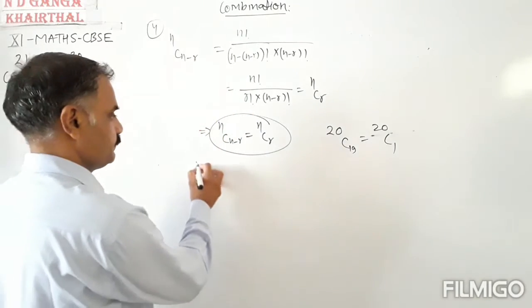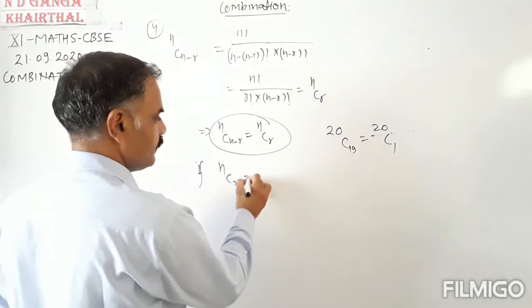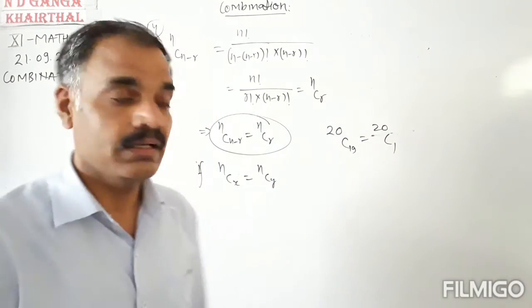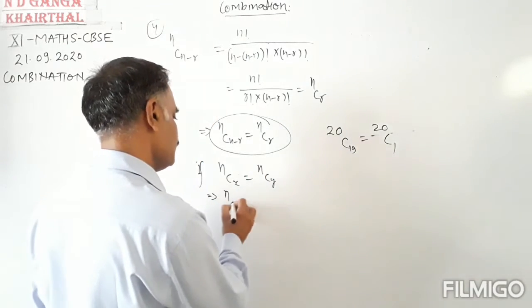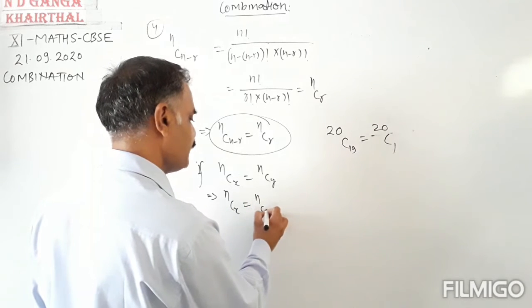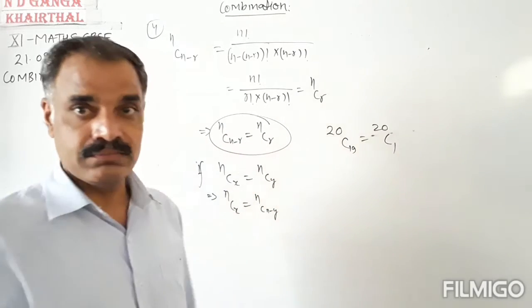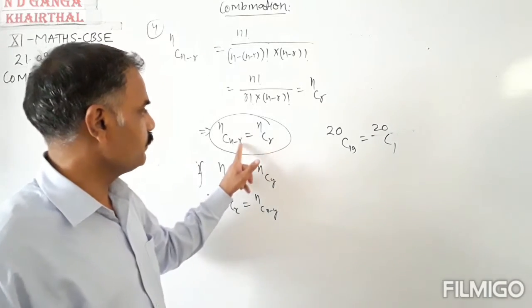Now if NCx equals NCy, then this can be written as NCx equals NCn minus y, since NCr equals NCn minus r.